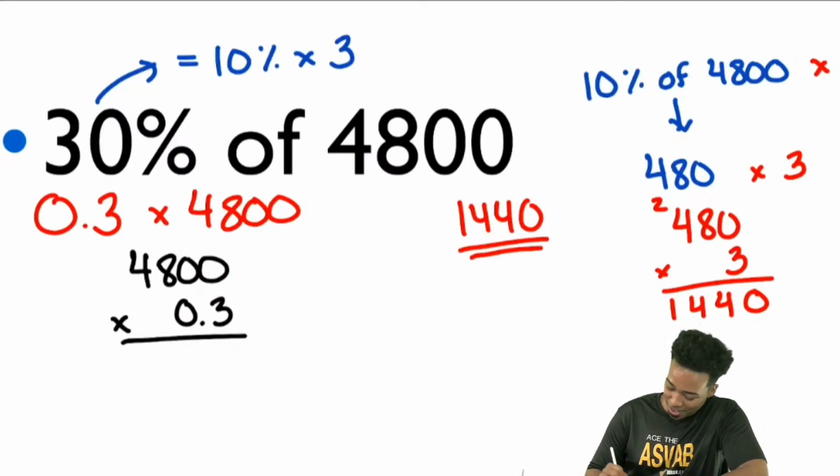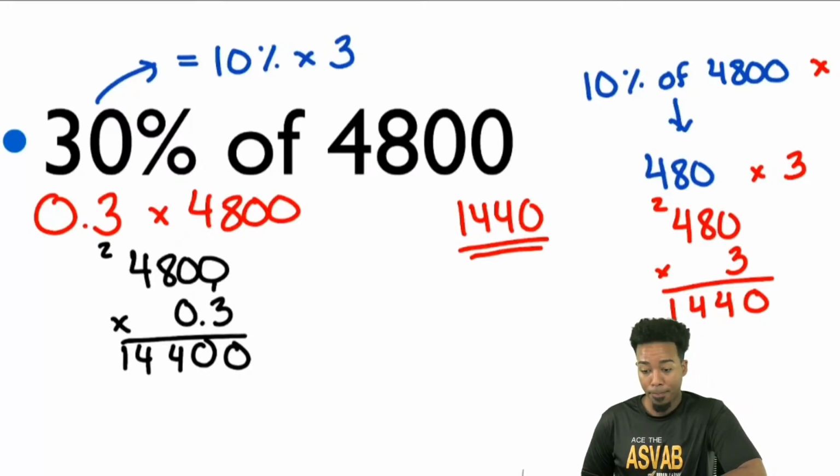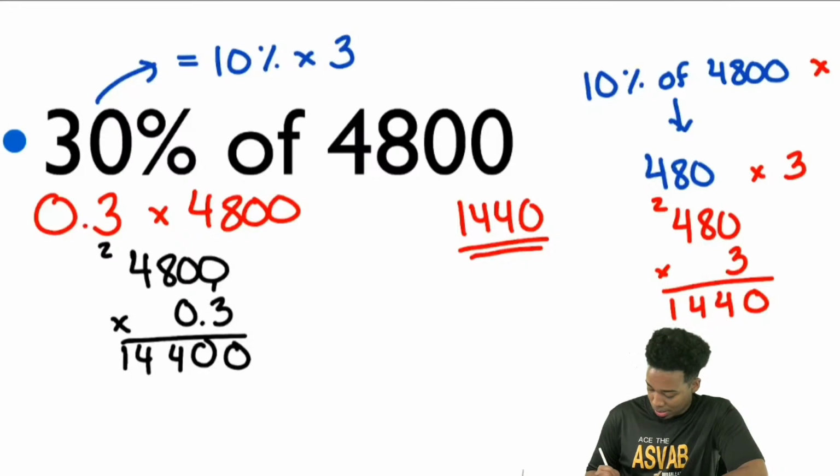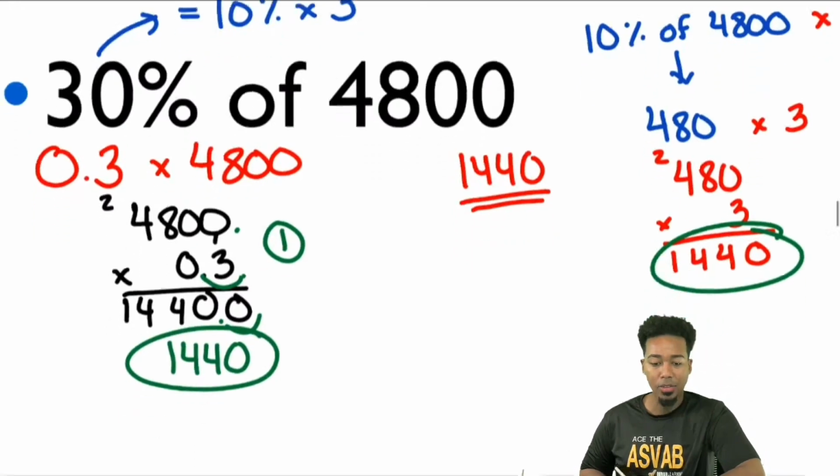And so guess what? 0 times 3 is 0. 8 times 3 is 24. 4 times 3 is 12. Carry the 2 is 14. And so from here, the same ending. We go ahead and say that we have no decimals there, one decimal there. Move it back, and we get 1440 in either case.